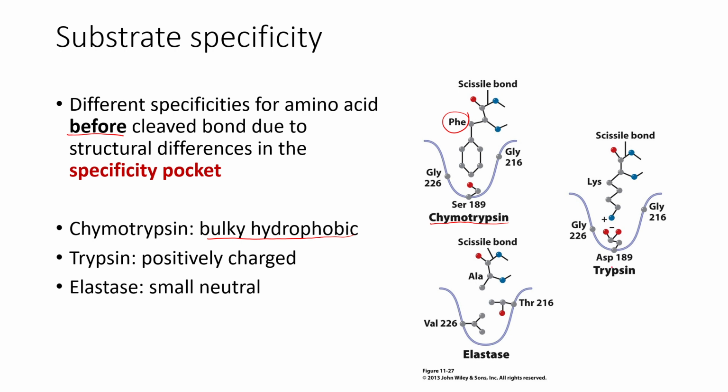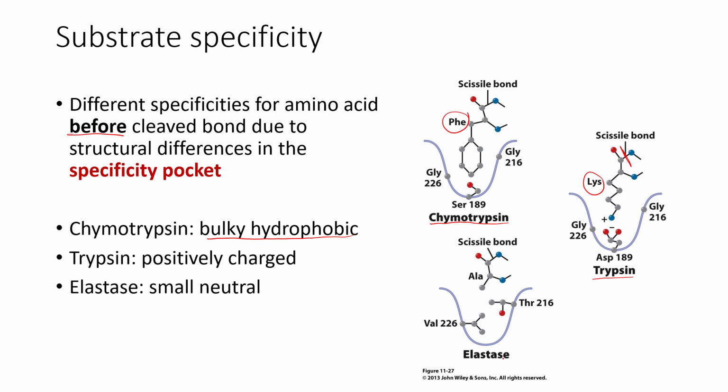Different from chymotrypsin, we have trypsin all the way on the right. This one has a shallower specificity pocket, and it's negatively charged with this aspartate on the bottom. This makes positively charged amino acid residues like lysine very favorable to sit in this specificity pocket. So in this example for trypsin, the amino acid right before this cleaved bond, which is shown again here, is going to be selected for being positively charged to sit in that specificity pocket.